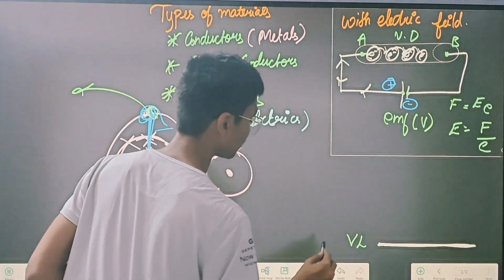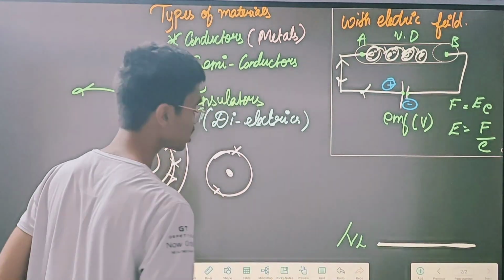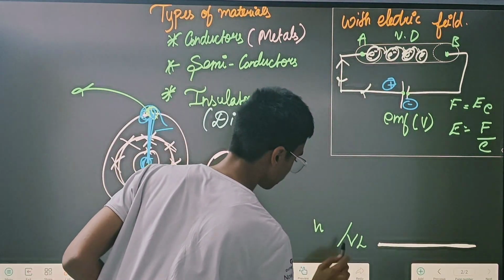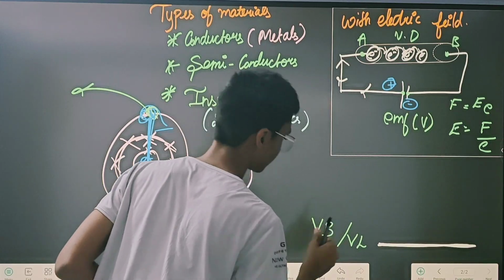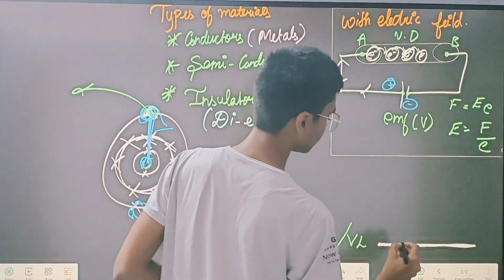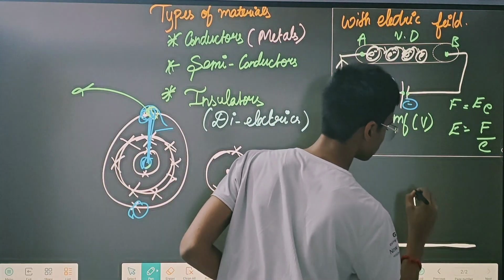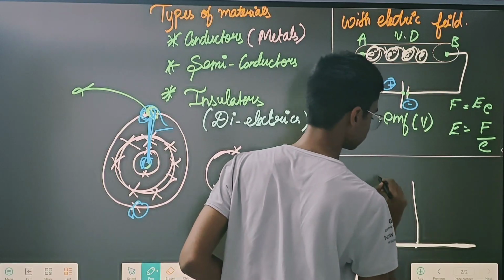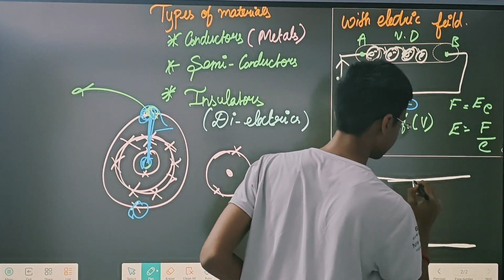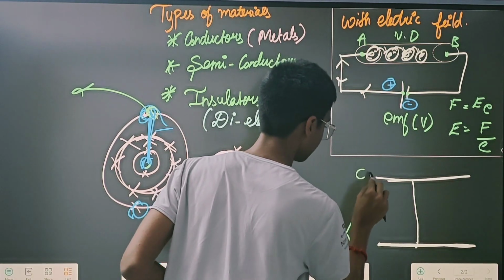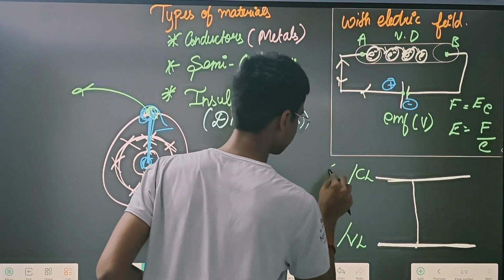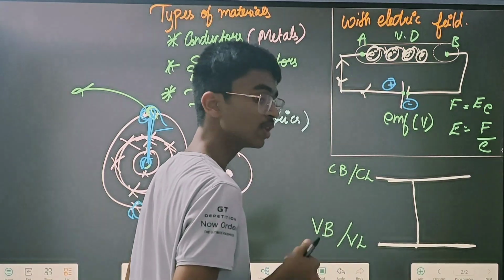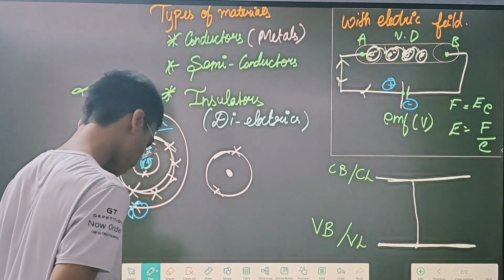When it is not monatomic, we say valence band. From this stage, it has to reach another stage, which is going to be the conducting level, or else the conducting band.